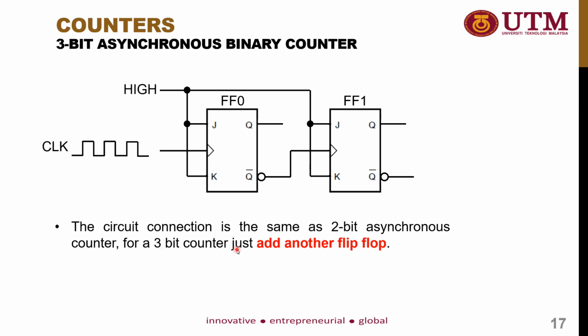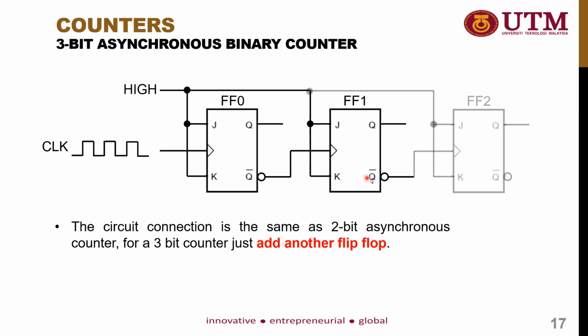But for a 3-bit counter, you can just add another flip-flop, where the J and K inputs will be directly connected to the input high, and the clock input of the third flip-flop will be connected to the Q bar output of the second flip-flop.